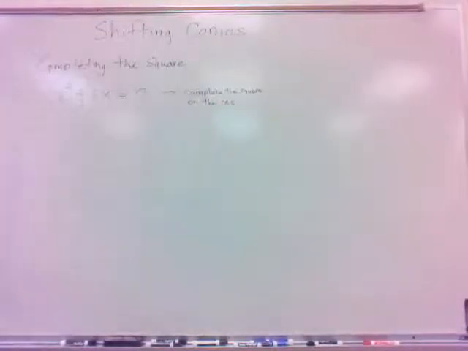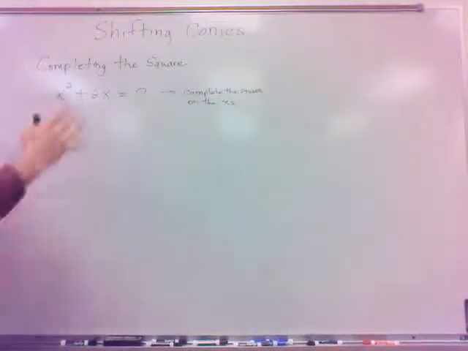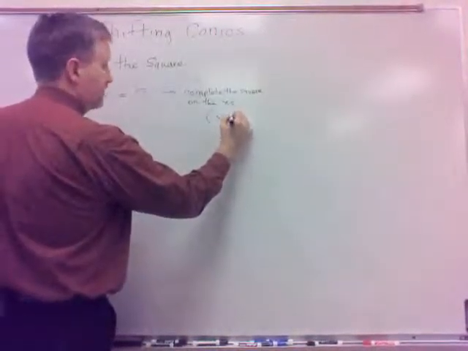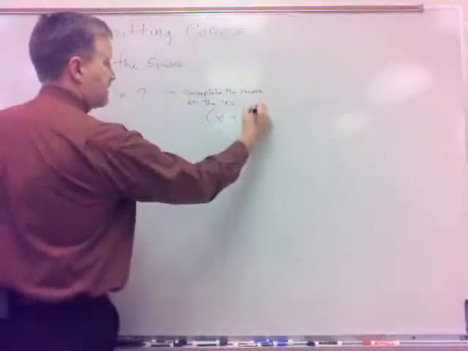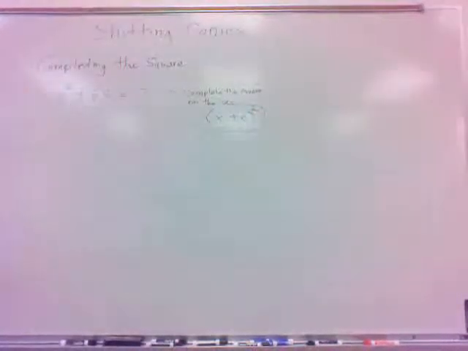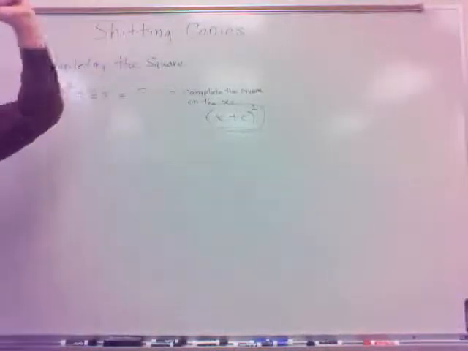What that means is I want to make it a perfect trinomial square, but it's called completing the square. I want to make it where I have x plus c squared. I want x plus a number squared on my left-hand side.